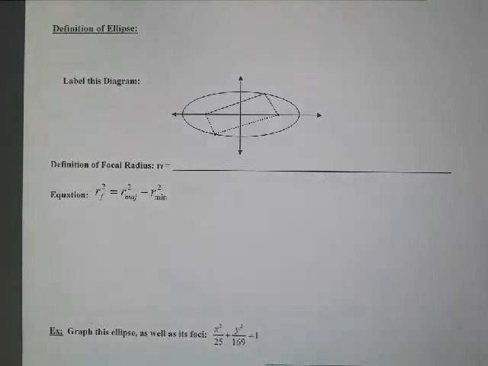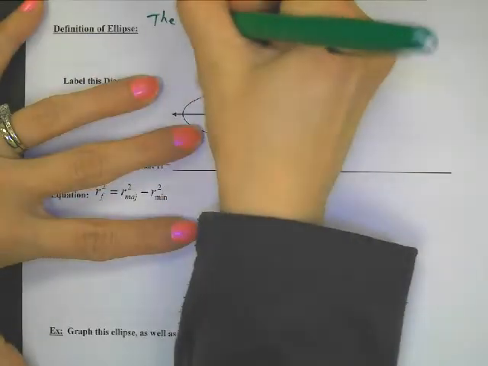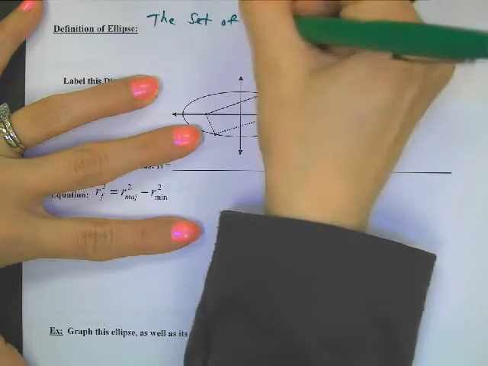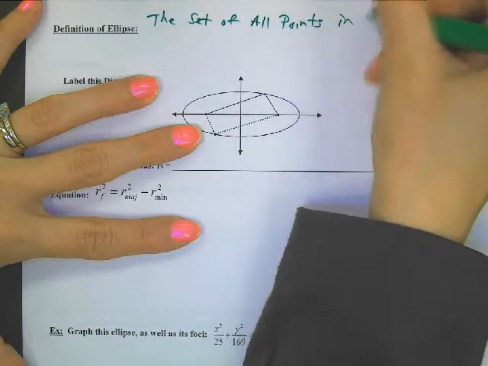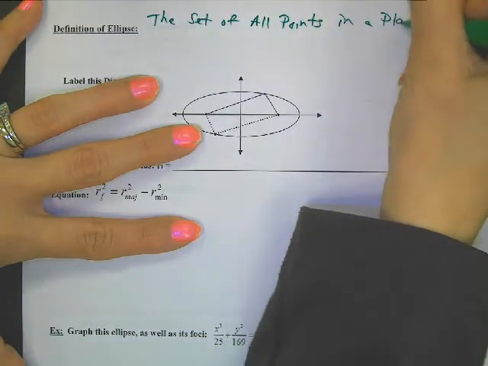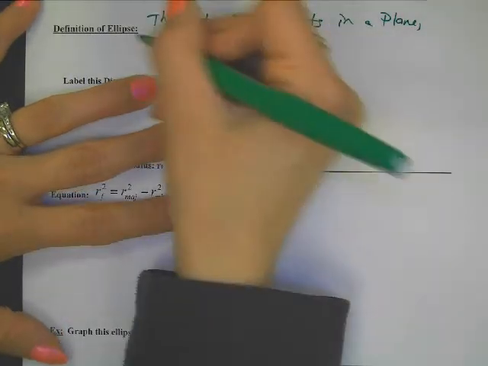So let's start with the definition of an ellipse again. All these conic sections start off the same. It is the set of all points in a plane, okay, comma, and this is going to make more sense after we saw how it was built.